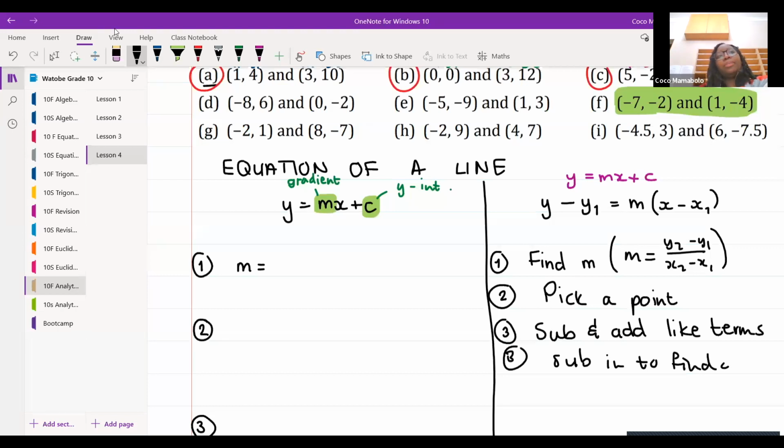What am I going to write? You're going to say y2 minus y1 over x2 minus x1. Good. Now you need to give me the values. I'm going to name this one X1, Y1, X2, Y2.